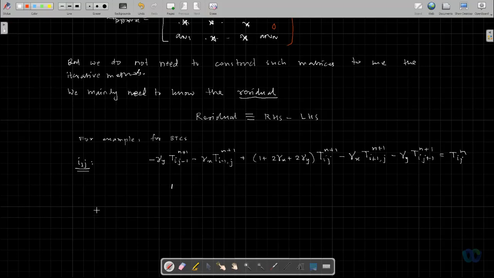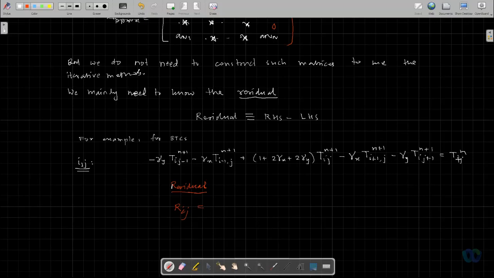We denote the residual by Rij. Rij is equal to, what is the right hand side? This is the right hand side.